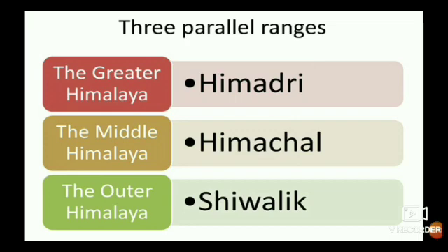They will not be as huge and tall as the greater Himalayas. The middle Himalayas contain mountains of average height, and they are also called Himachal. And the outer Himalayas are called Shivaliks.